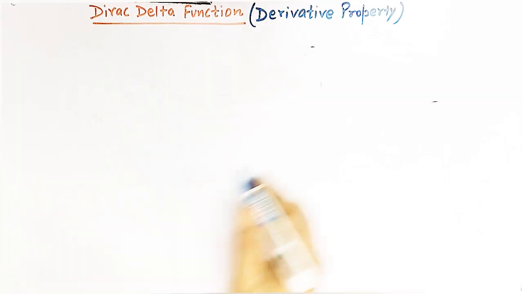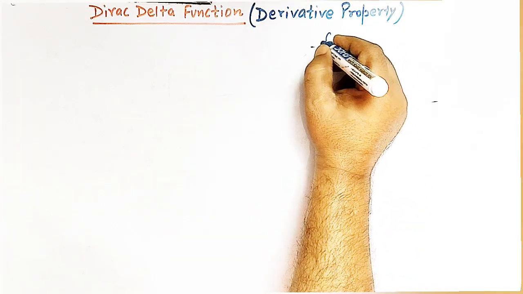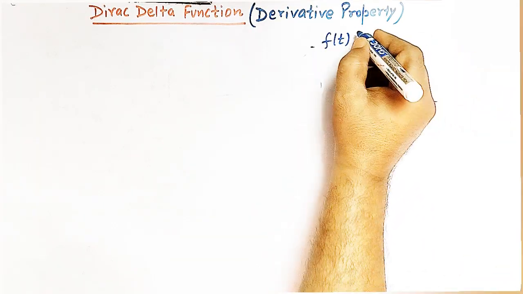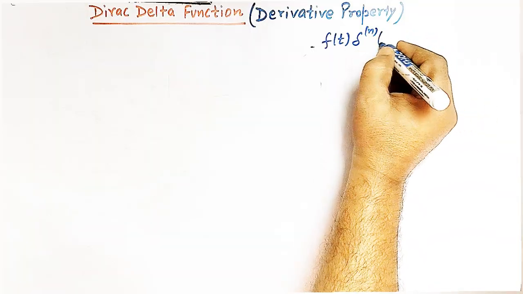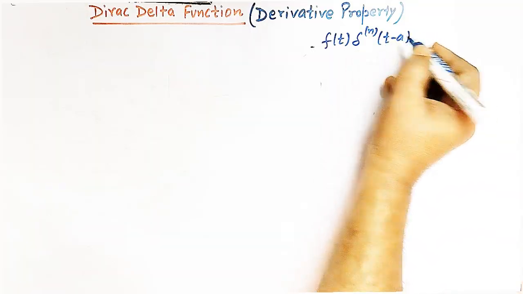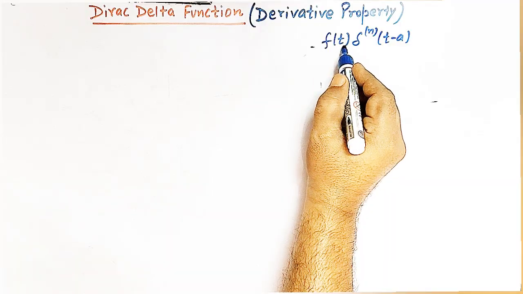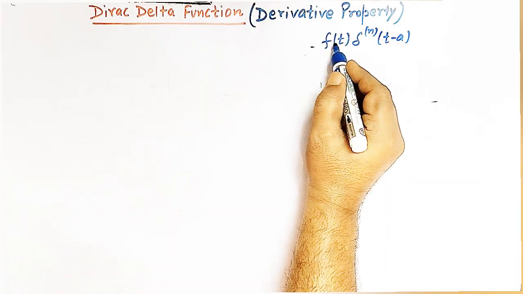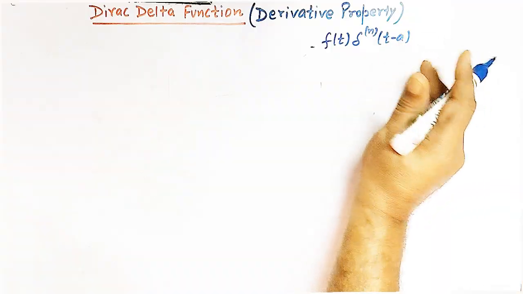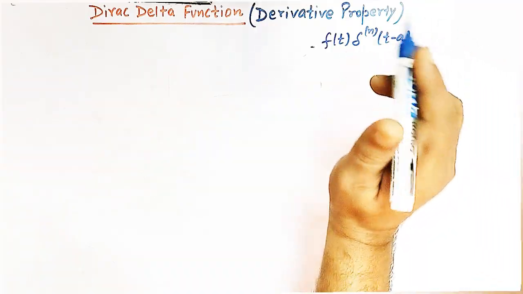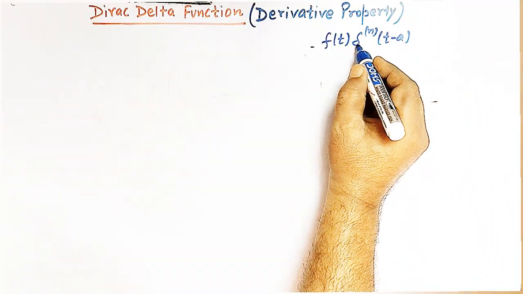Now consider an arbitrary function f of t, and let us consider the nth derivative of the Dirac delta function. Here we have f of t, which is an arbitrary function, and delta n of t minus a represents the nth derivative of a delta function.